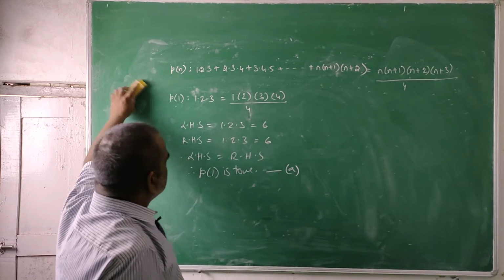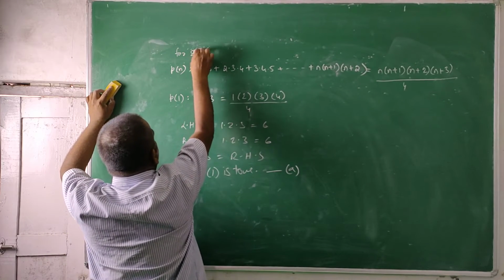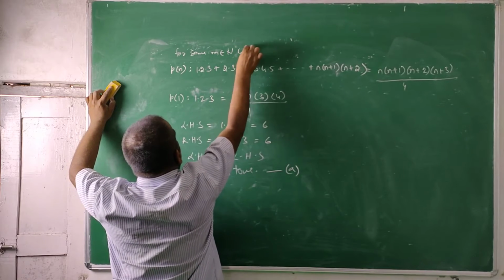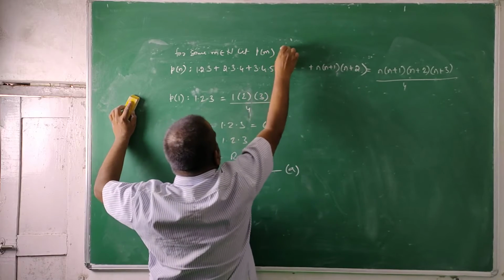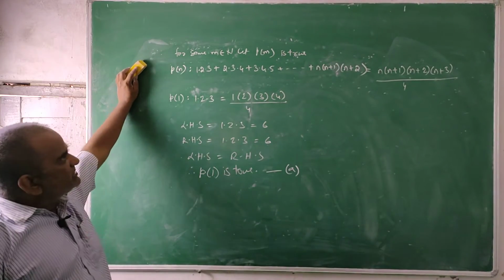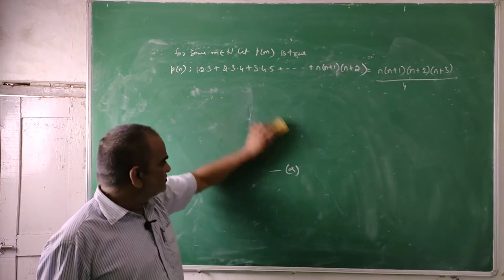Now, as it is, for some m belongs to N, let P of m be true, which we are considering as true.